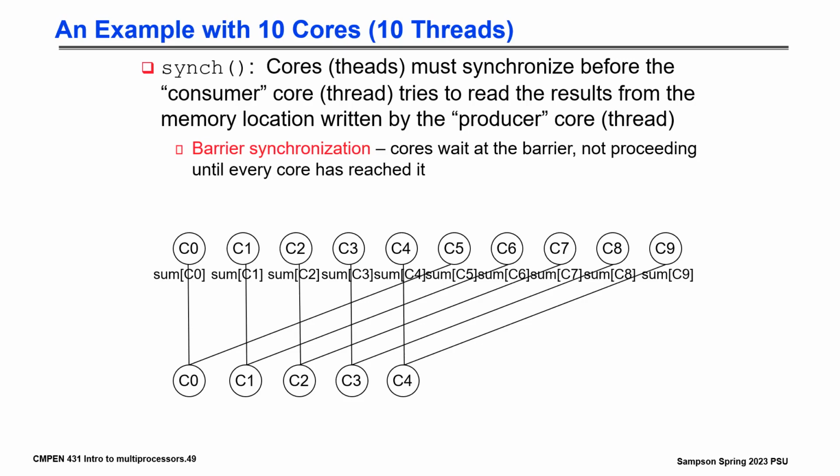Again, from a scheduling perspective, I don't know if C9 just got descheduled by the operating system. I don't know how long this is going to take. I have no idea whether, for data-specific or scheduling-specific reasons, this might just take a while. Or maybe one of them is really fast. Maybe C4 finishes all its work and would move immediately to the next work to do, and 9 hasn't done it yet.